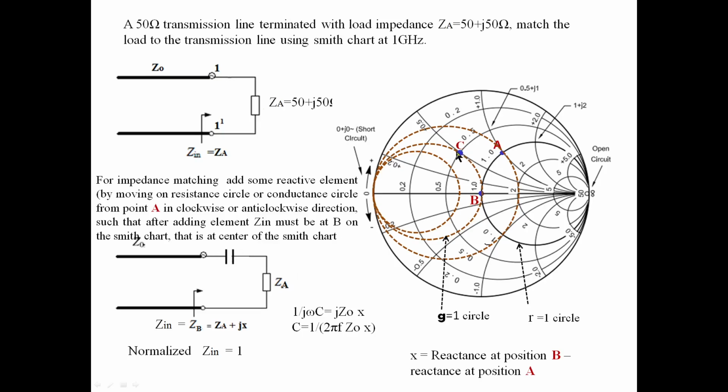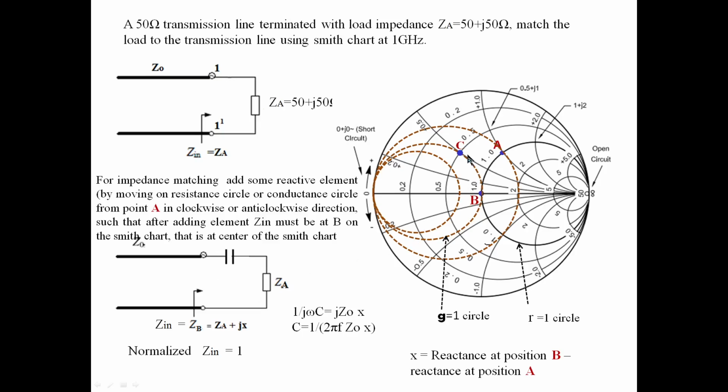But if the load point is here, let's see. Move on the conductance circle, the G is equal to 1 circle. A shunt capacitor is needed if the load is here. If you move over this conductance circle and reach here, the center of the Smith chart, that is a shunt element. Moving on the conductance circle in the clockwise direction adds a capacitor in shunt.